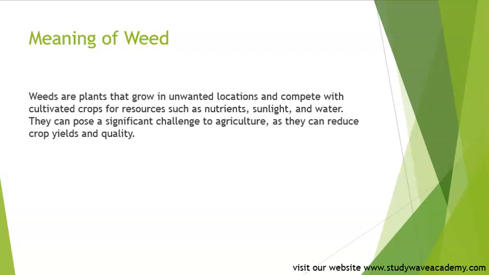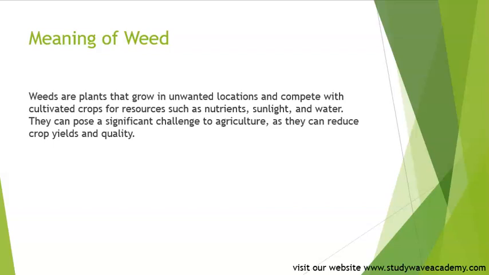So weeds are unwanted plants that grow in fields and gardens, making it difficult for the plants we want to grow, like crops, to thrive. They can cause problems for farmers and gardeners because they compete with the good plants for things like water, nutrients, sunlight.